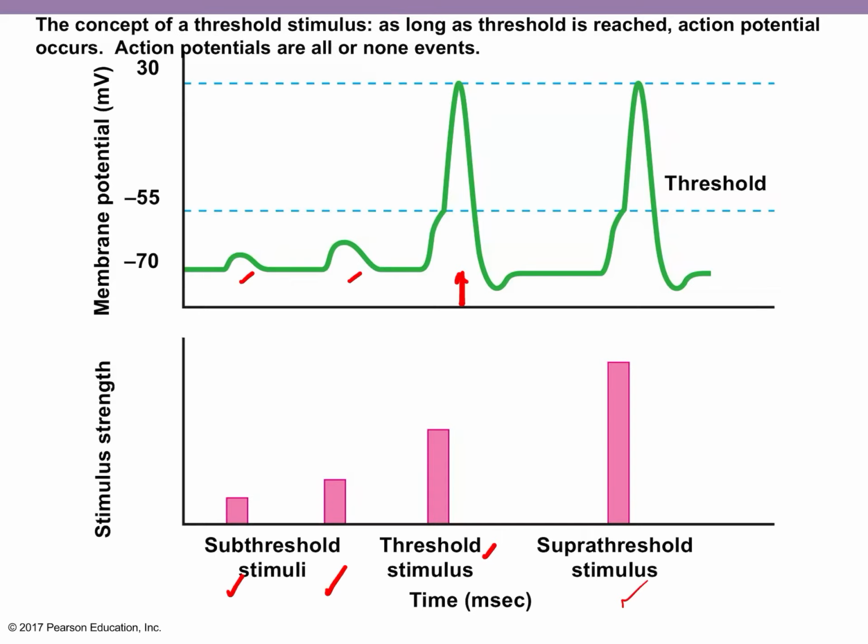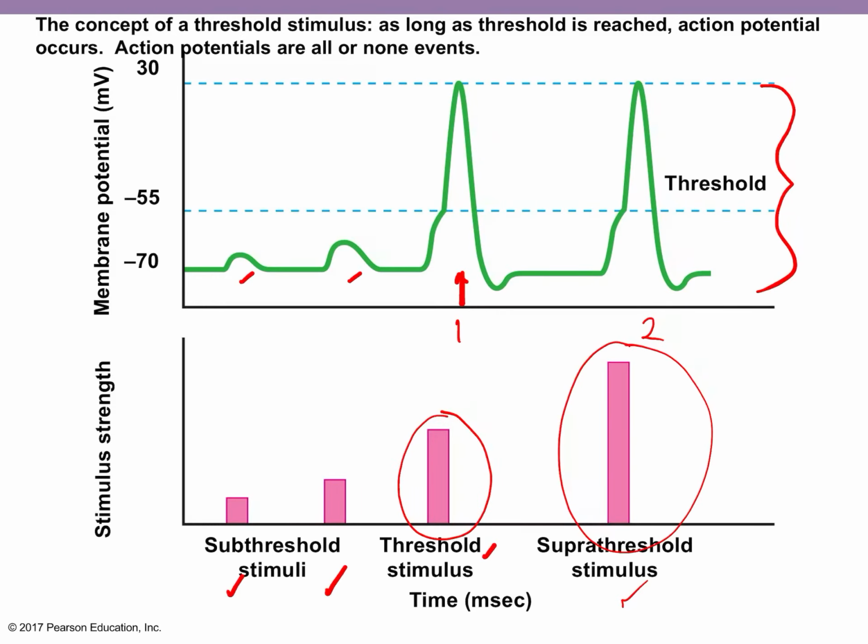We can have a bigger stimulus, a supra-threshold stimulus, but it doesn't mean that you have a greater action potential. You can see that the action potentials, right, this action potential 1 and action potential 2, they're exactly the same. And so it doesn't matter if the stimulus barely reaches threshold or if it overshoots threshold, you will still get the same action potential.